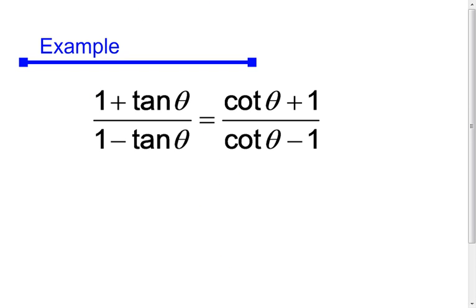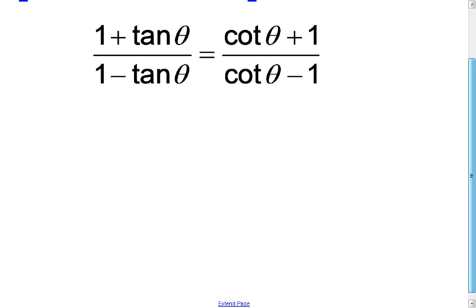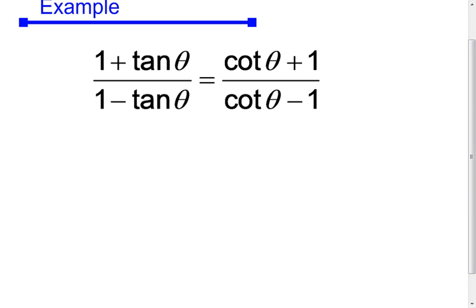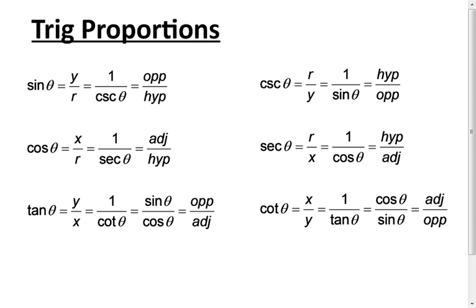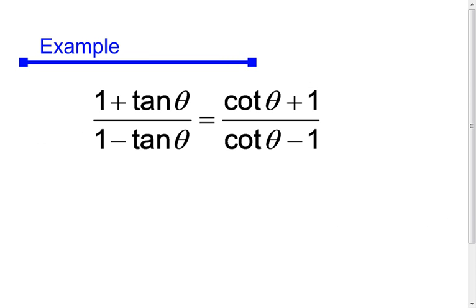All right, and I believe this is our last one here. I have tangents on the left. I have to get to cotangents on the right. And luckily, if I use my trig proportions, tangent can be rewritten as 1 over cotangent. So I'm going to use that property and rewrite those.